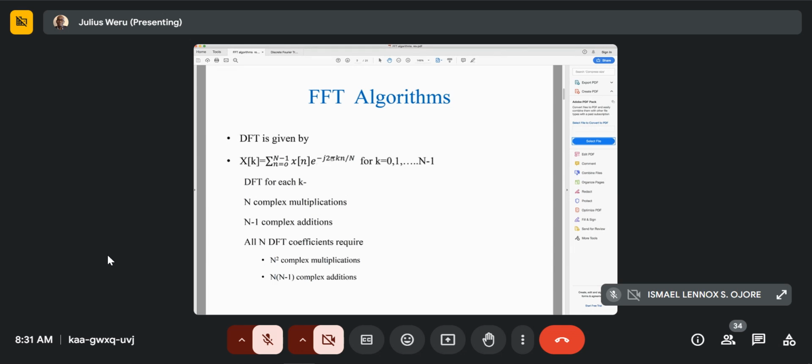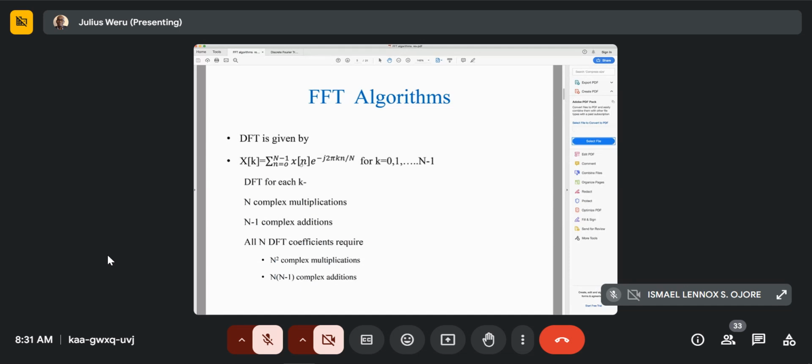So you are having N complex multiplications because for each k, n goes from 0 to N minus 1. And then, of course, when you're adding N times, you have N minus 1 additions. If you're adding 3 numbers, you have 2 additions. If you're adding 4 numbers, you have 3 additions.